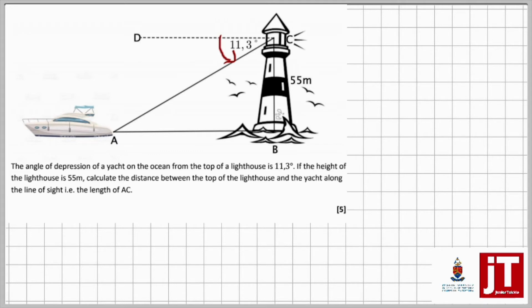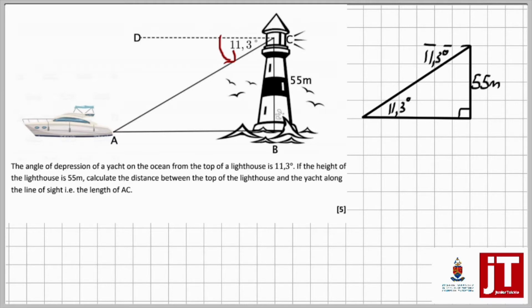Whoa. Too much information, too many words. Why don't we first just draw a sketch showing exactly what they told me, but just without all the fancy stuff. First of all, what does that 11,3 mean for my triangle? Well, there's also 11,3 there.